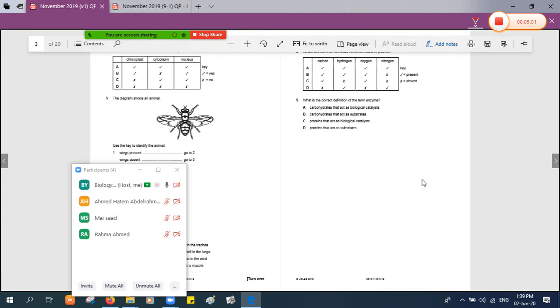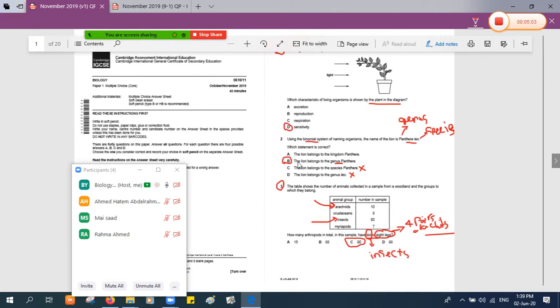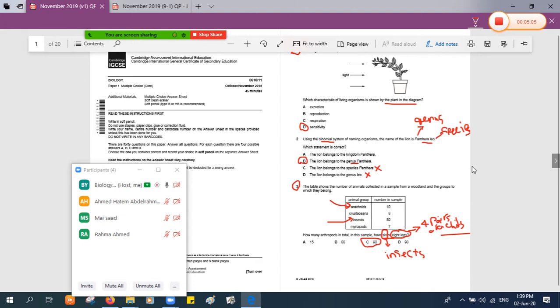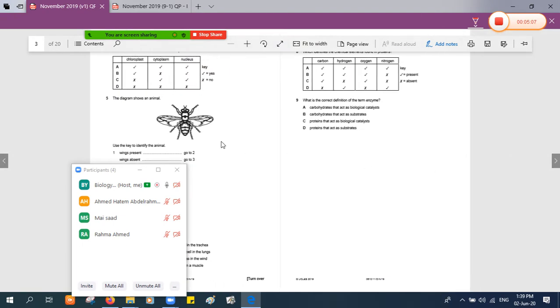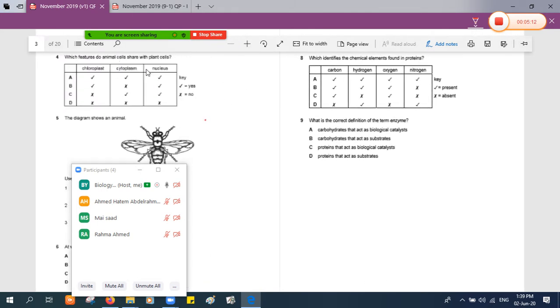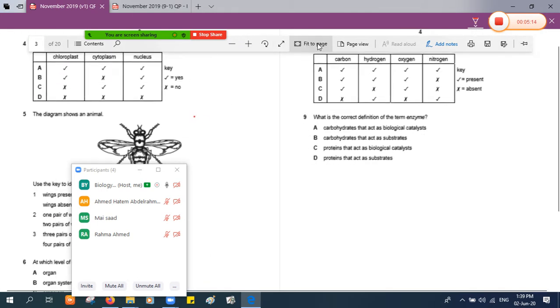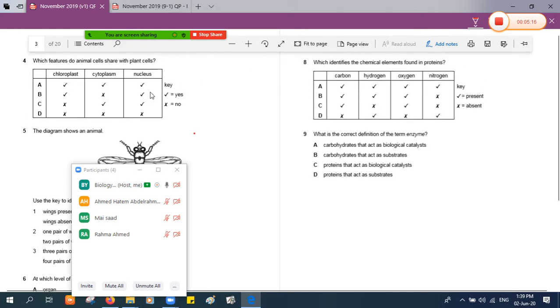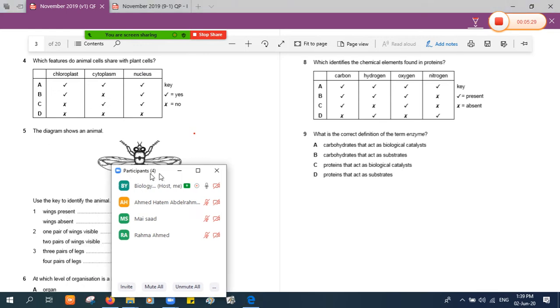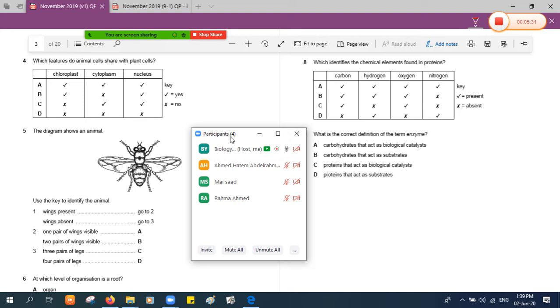Let's move to question number 4. Yes, where is 4? Yes, here. Okay, here we have which feature? Which feature do animal cells share with the plant cell? This is a very easy question. You can answer it. So please write in the chat what will be the correct answer.